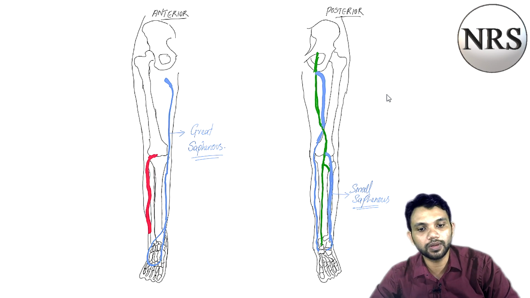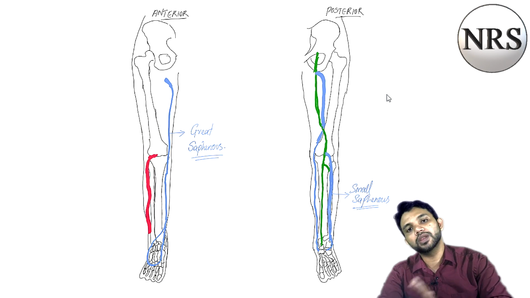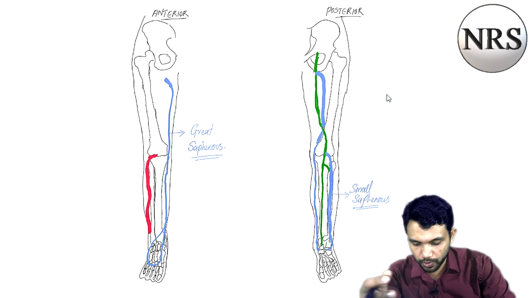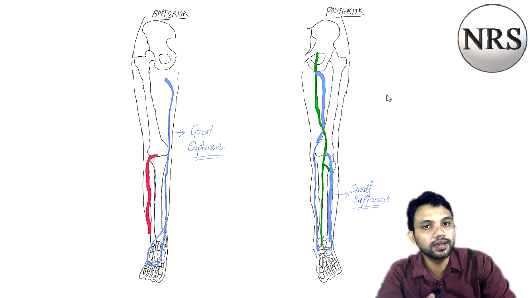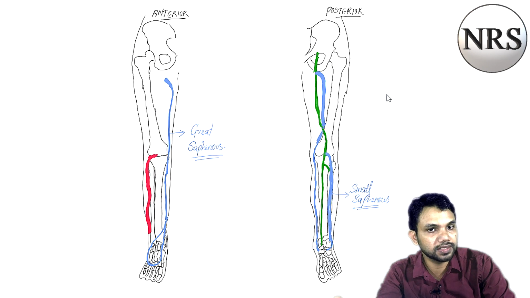So two important superficial veins. That is all about the lower limb. Hope you all have got an idea about this, and we will see the upper limb in the next video. Until then, bye bye.